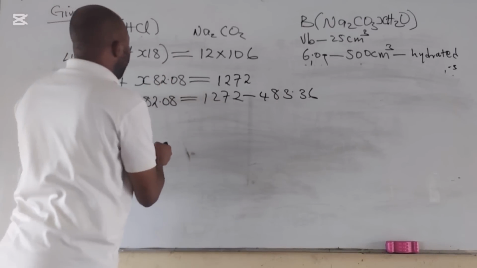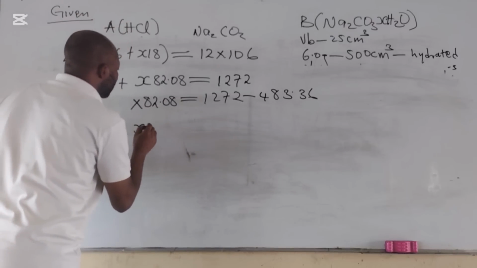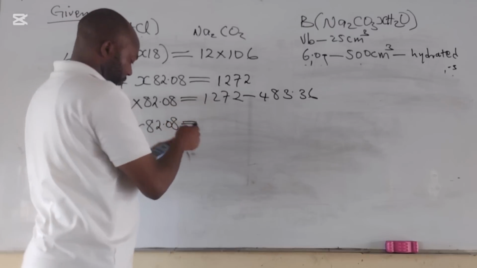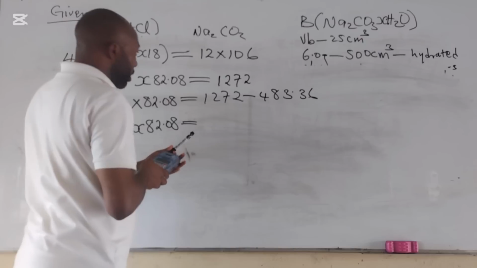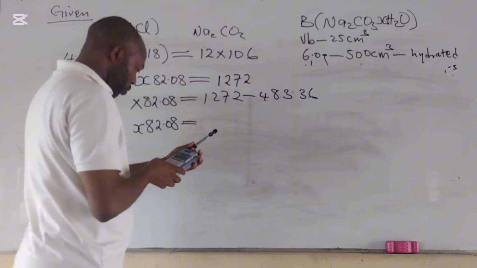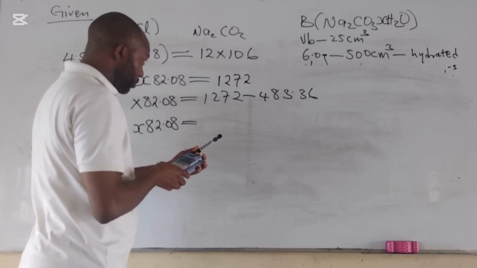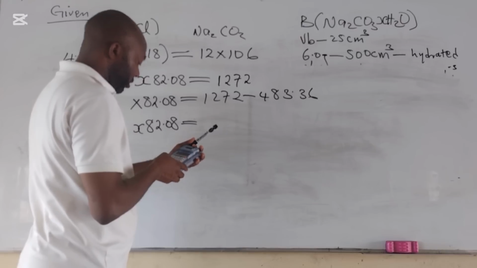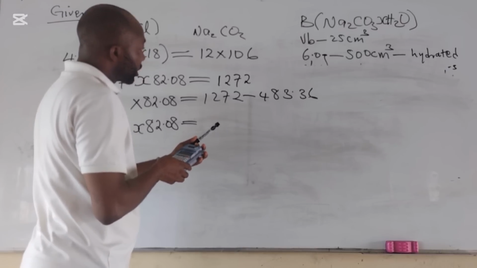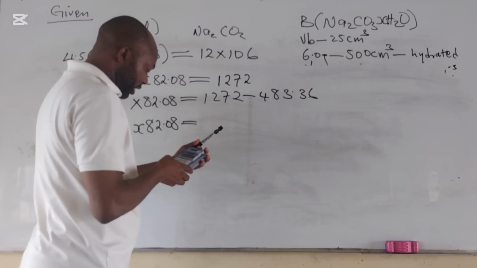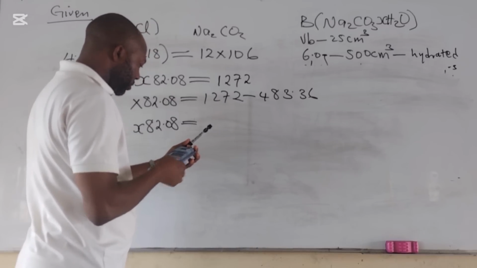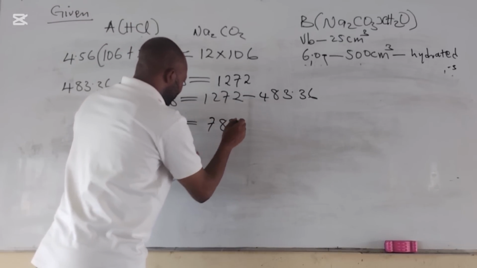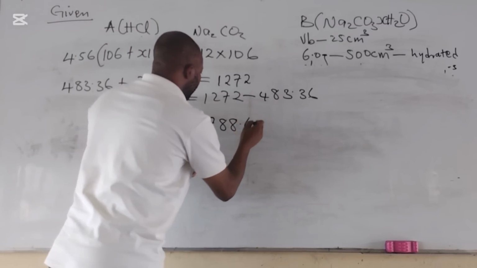Now I'm going to have my x. 82.08x is equal to 1272 minus 483.36. I will have 788.64.